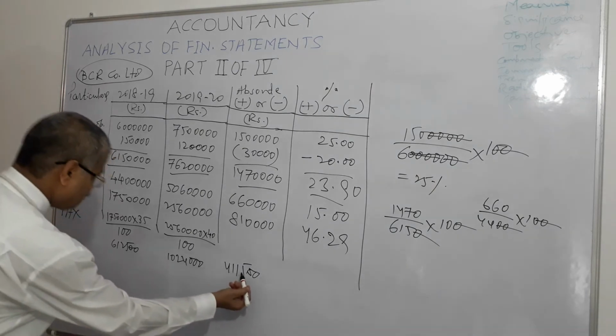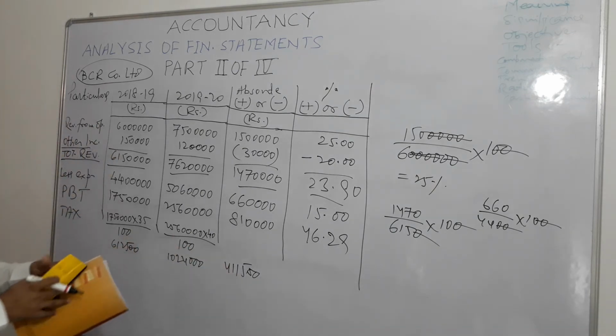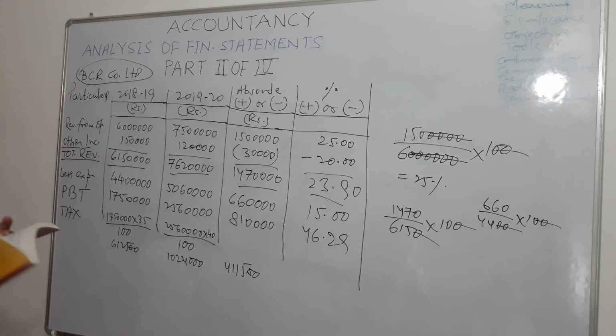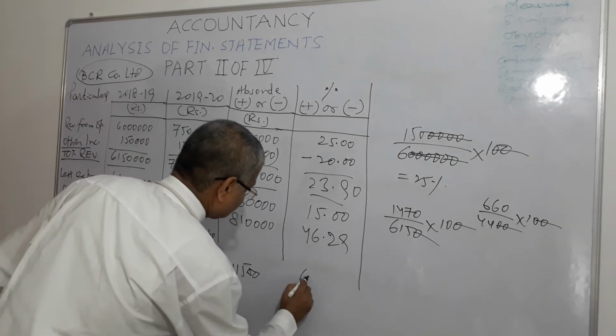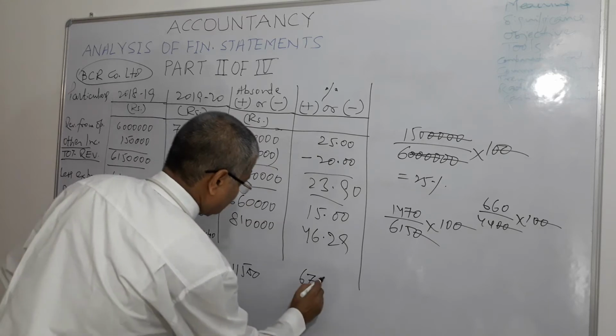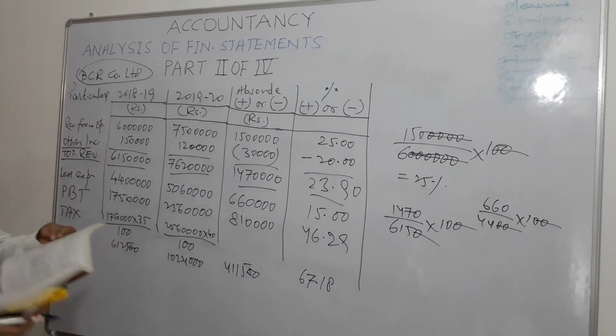And 4,11,500 as a percentage of 6,12,500 is 67.18%, right?